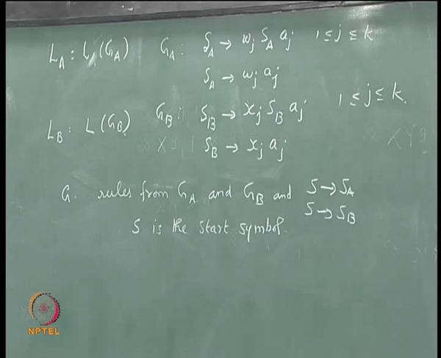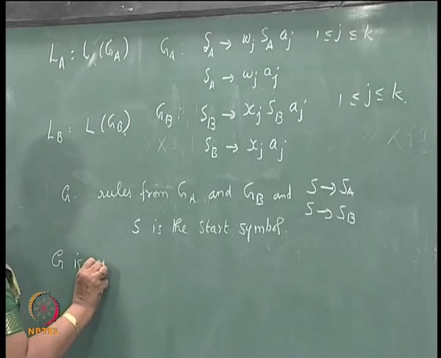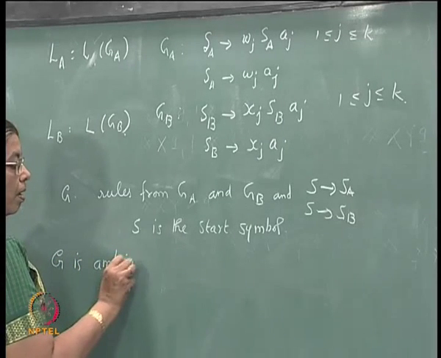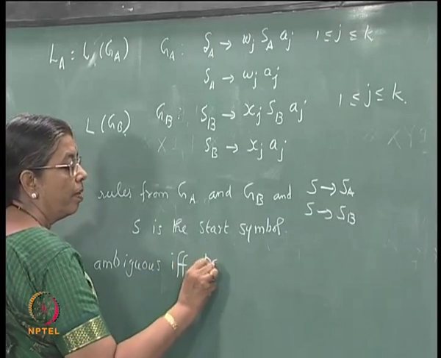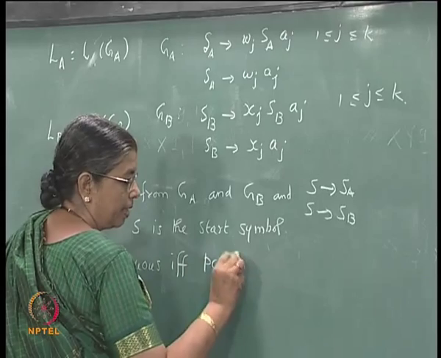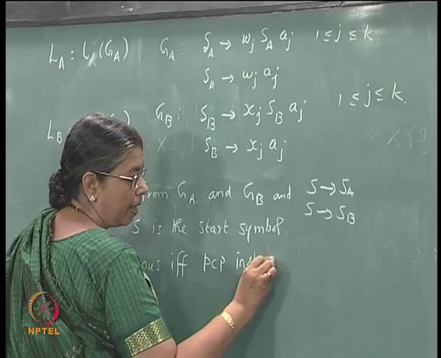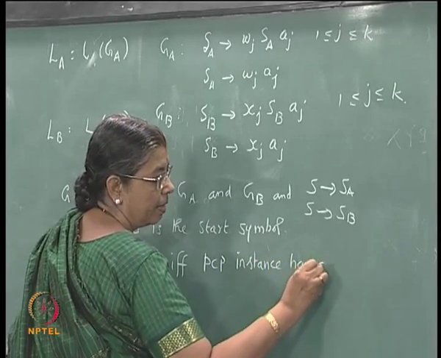Now, you can see that this G is ambiguous if and only if the PCP instance has a solution.